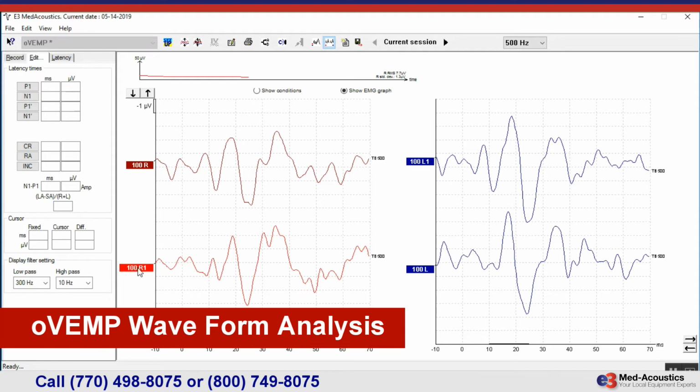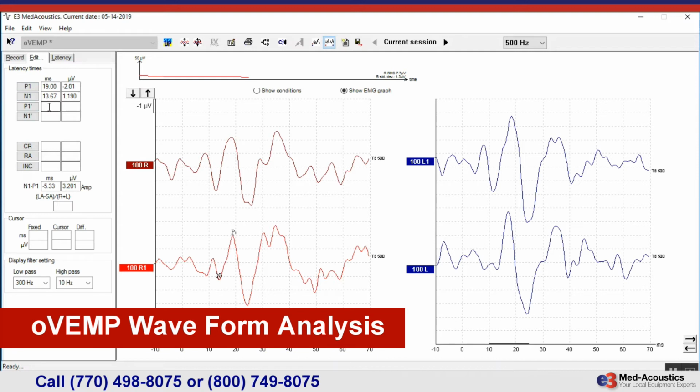I'll do the right one first and double-click on the tag in order to make it active, and then select N1 and go ahead and mark it at the leading trough right there. And then I can go and select P1 and mark it at the peak right there. So I can see over here my latencies.